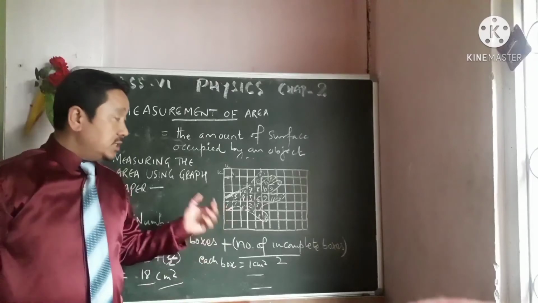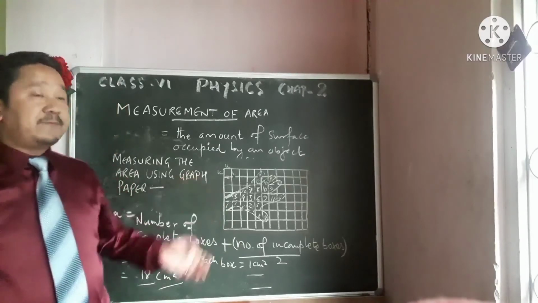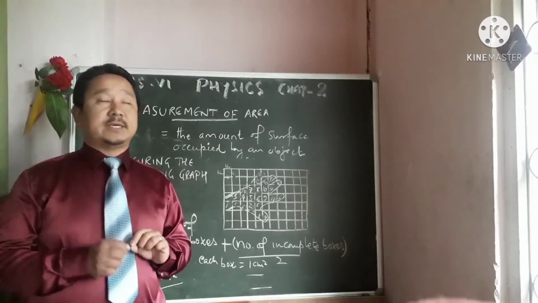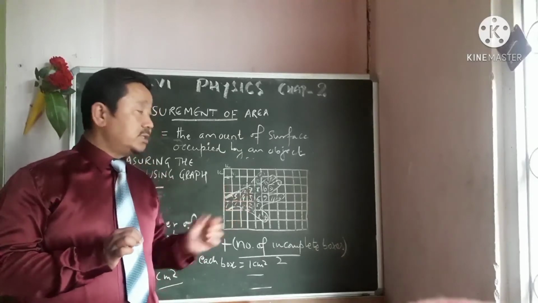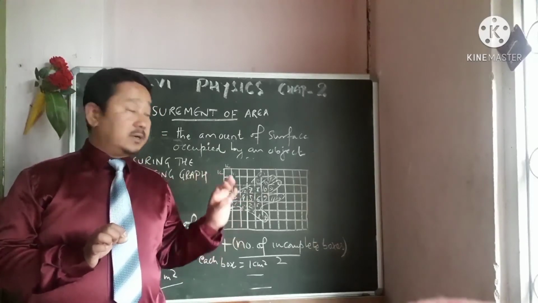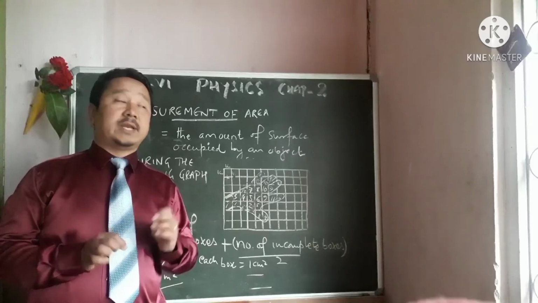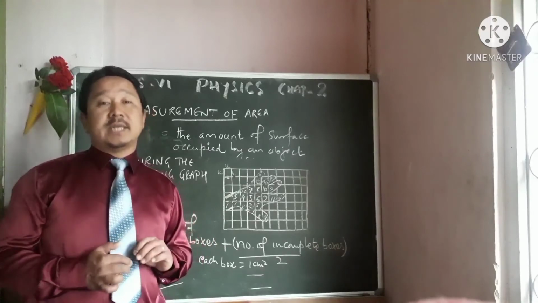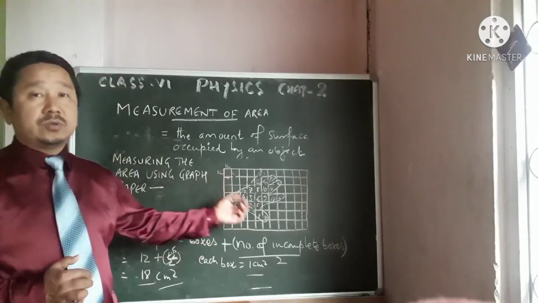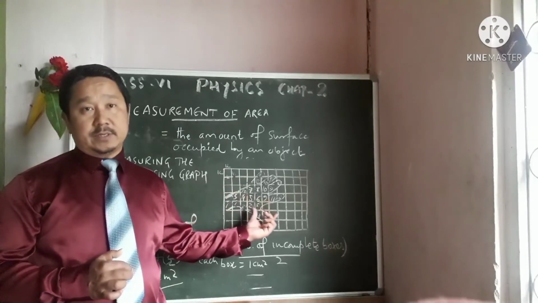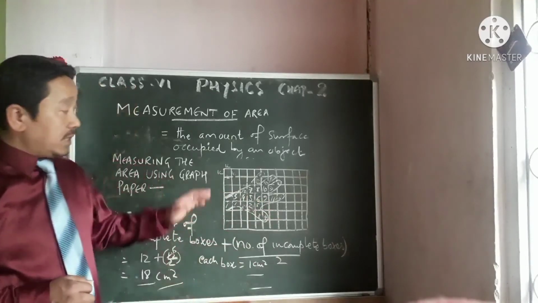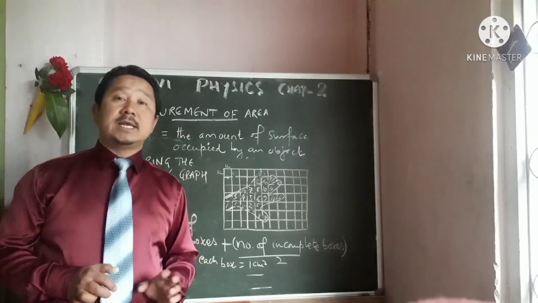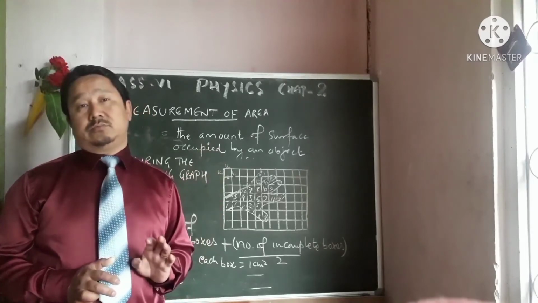So this is how we can use graph paper to measure the area of such figures or shapes where length and breadth cannot be taken. So that way we can make use of the graph paper. Okay, so this is how we can measure the area of the leaf also.